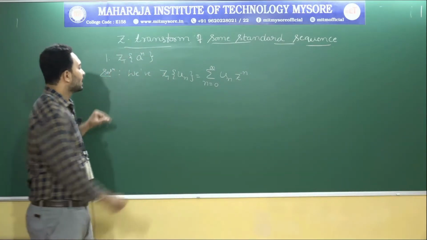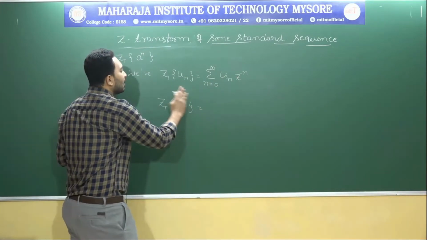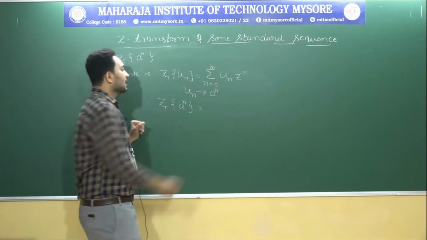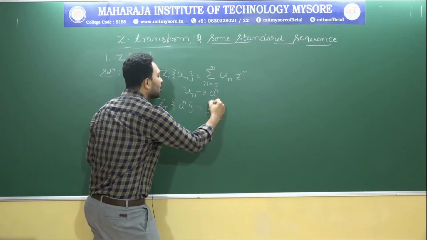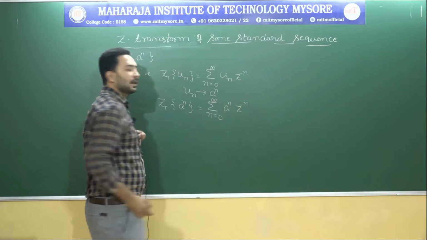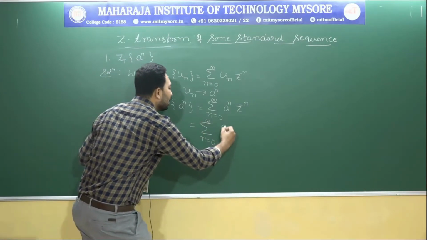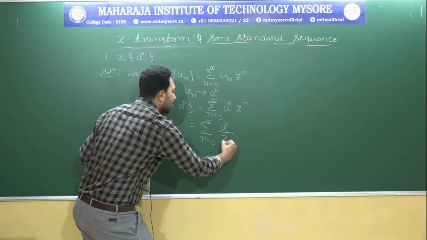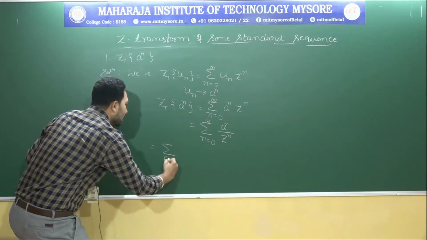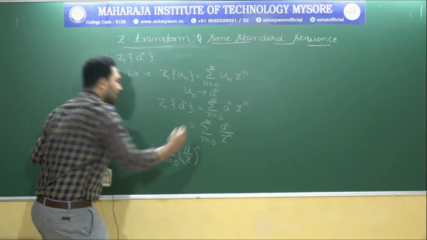Here I need to find the Z transformation of a power n, so replace u_n by a power n. So we get summation n equals 0 to infinity a power n z power minus n. If I take z power minus n to the denominator, we get a power n by z power n, and we can write this as summation n equals 0 to infinity (a by z) power n.